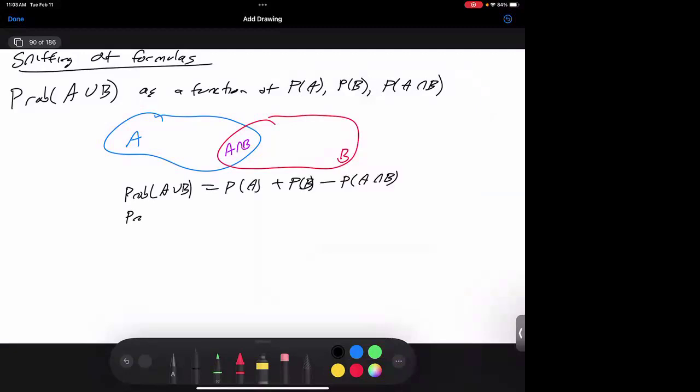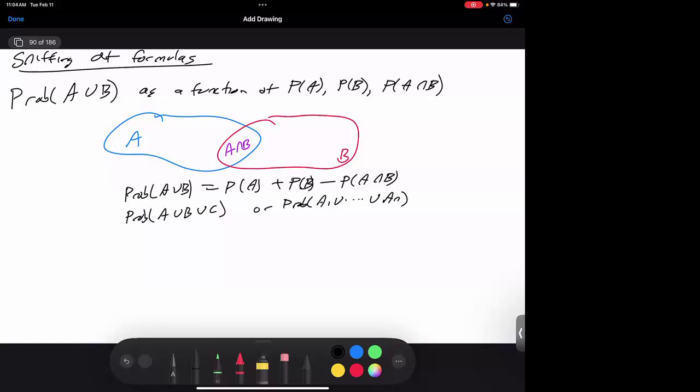Then you could ask, what's the probability of A union B union C? Or the probability of A1 union through AN? Are there nice formulas for the probabilities of these unions in terms of the simpler events?